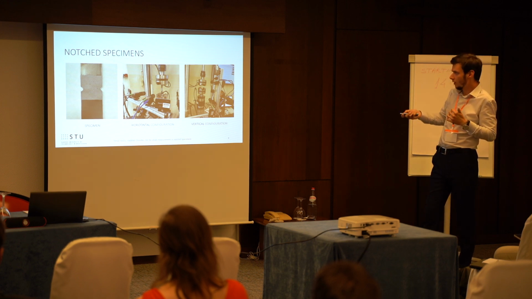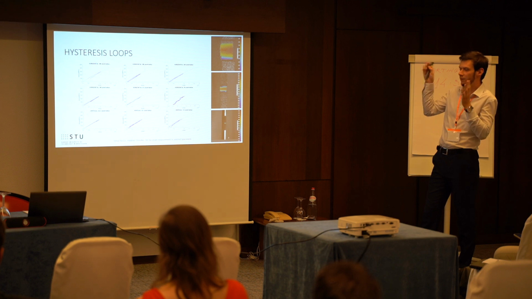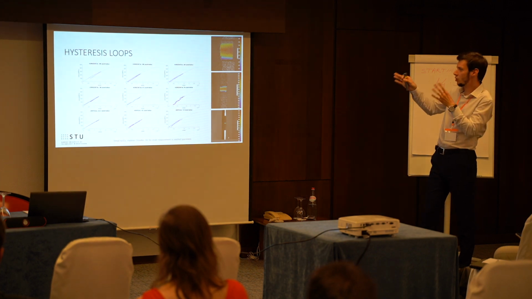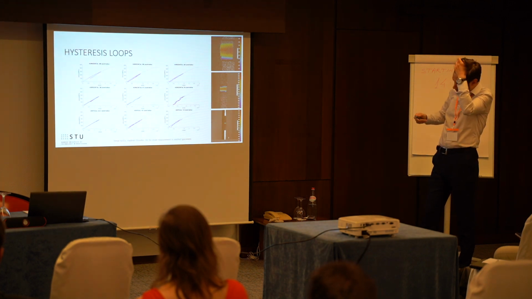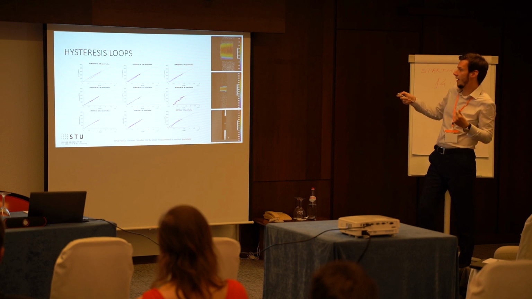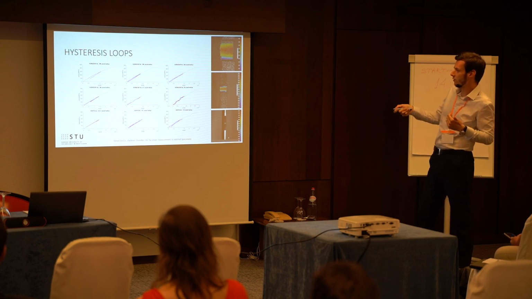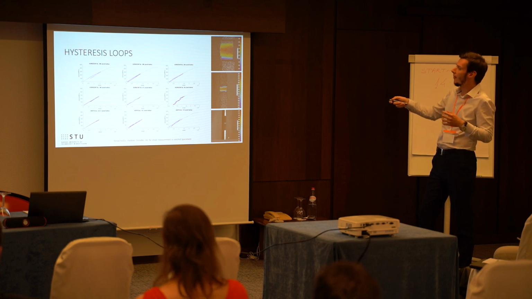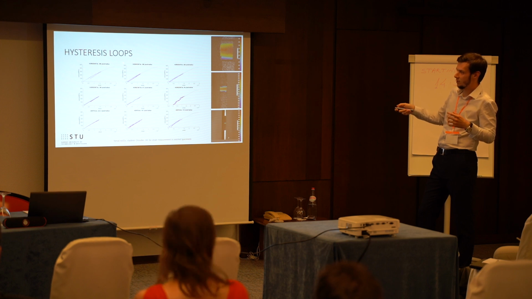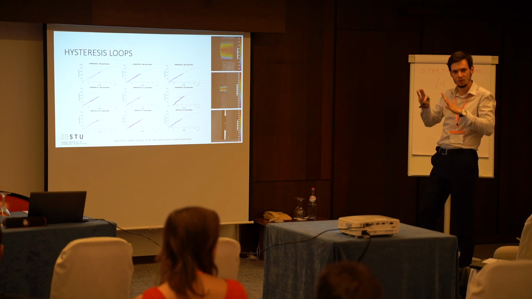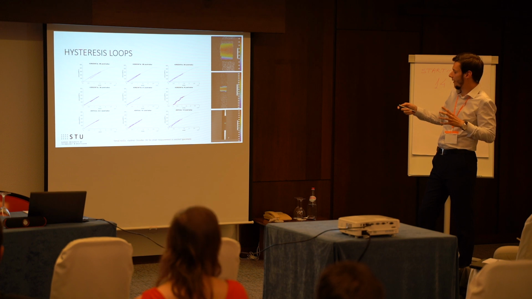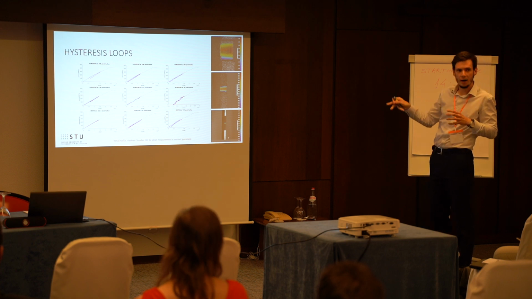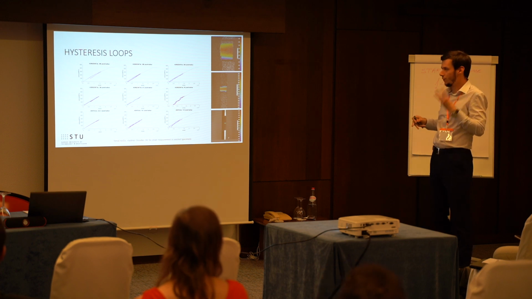As I mentioned, we had multiple sizes of the specimens. As you can see, here are the horizontal and the vertical configurations, and here are the hysteresis loops for each measurement. The dashed lines are just for information, and every chart includes three lines.